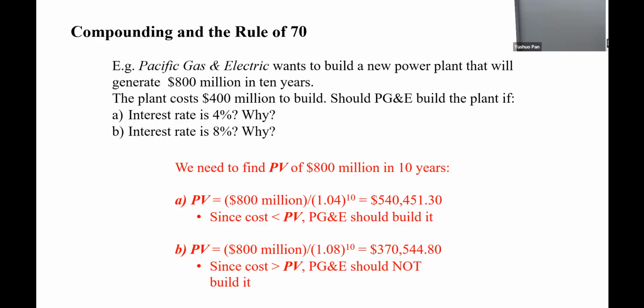First off, for this type of question, what you need to do first is figure out what the present value is, because it already gave you the future value, right? Figure out the present value, and then compare the cost and the benefit. If the benefit is bigger than the cost, then take that action.